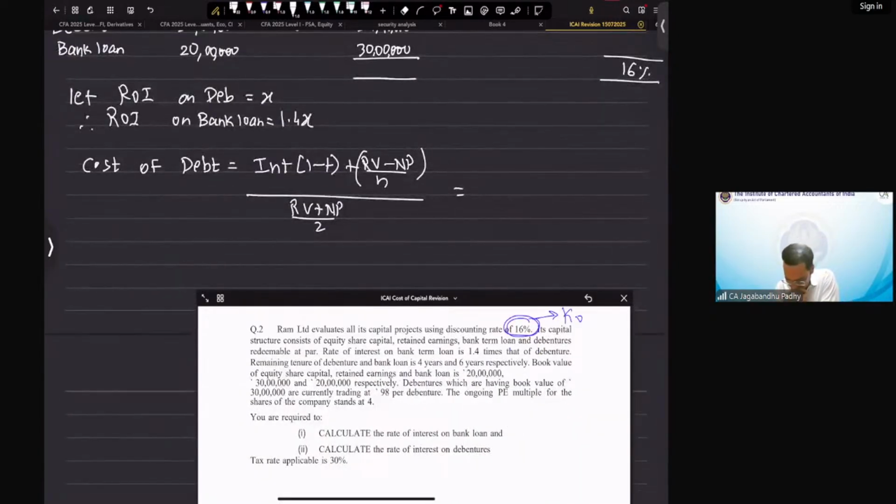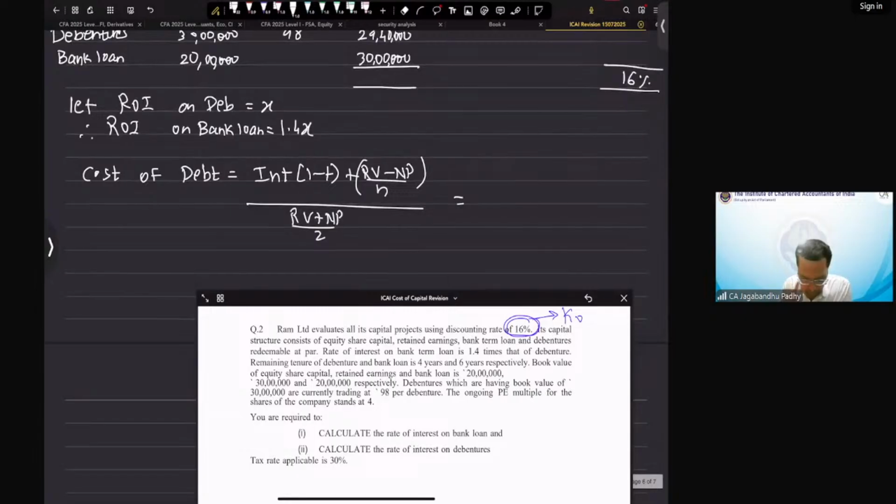Interest into (1 minus t): the interest on debt is anyways X. So X into face value. So let's take it as just X, the interest rate. So interest is X.